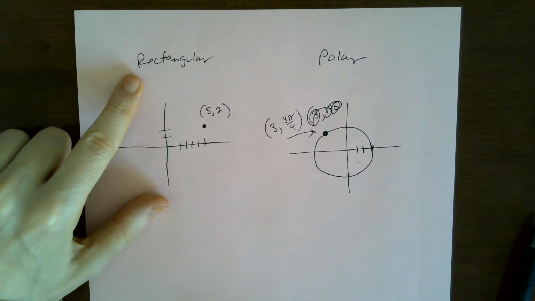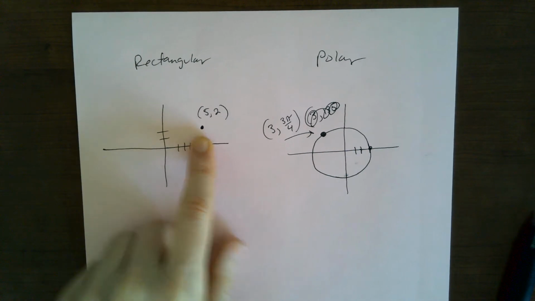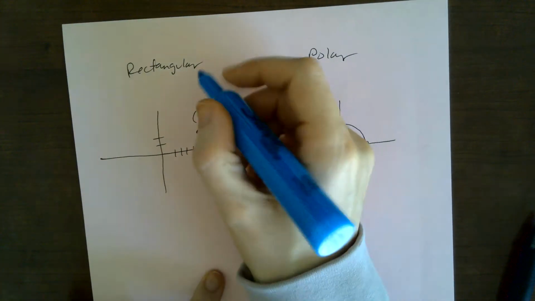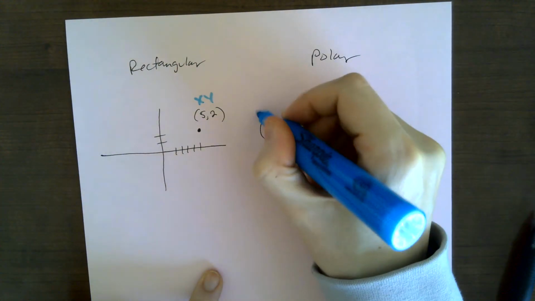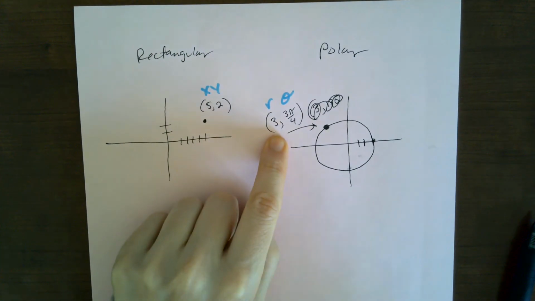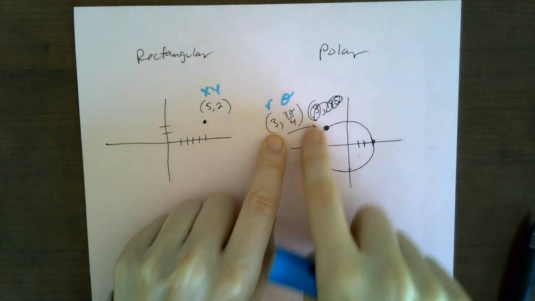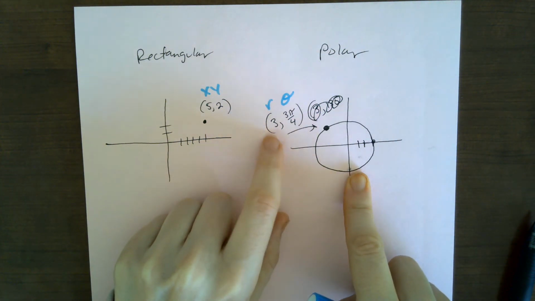demonstration. So rectangular coordinates are like 5, 2. You go right 5, you go up 2. But polar coordinates, the first coordinate is not an x coordinate, it's a radius. So the first coordinate tells you how big they want you to draw a circle, what the radius of it is.